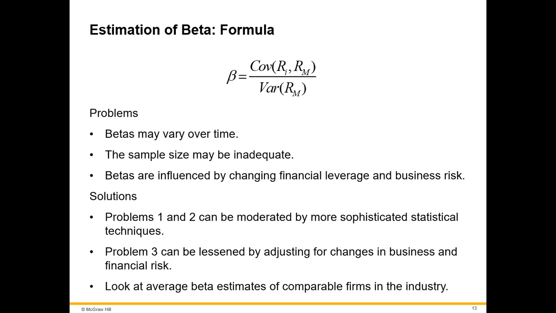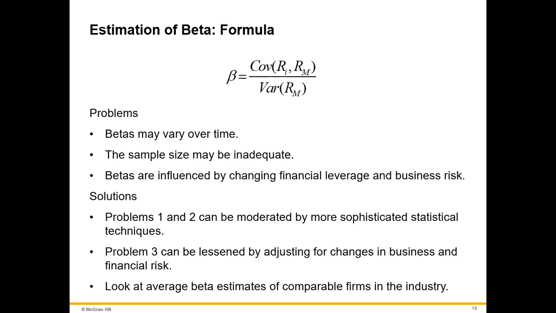So some of the problems with this are that betas can vary over time. Sometimes when we're looking at the covariance and measuring it, our sample size may not be large enough or small enough to really determine a true beta. And betas are influenced by changing financial leverage and business risk, which we're going to talk about.